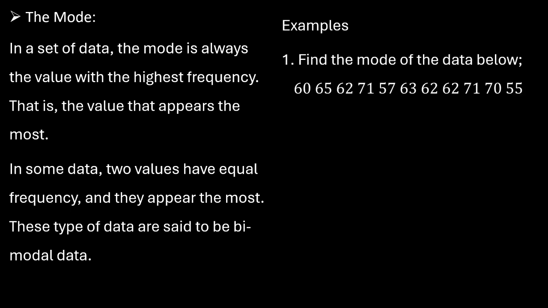The first example says, find the mode of the data below. And here we have this data. Now, we can see that 60 appears only once, 65 appears only once also, 62 appears three times, that is 1, 2, 3. 71 appears two times, 1, 2. 57 appears only once. 63 appears only once. 70 appears only once, and 55 appears only once.